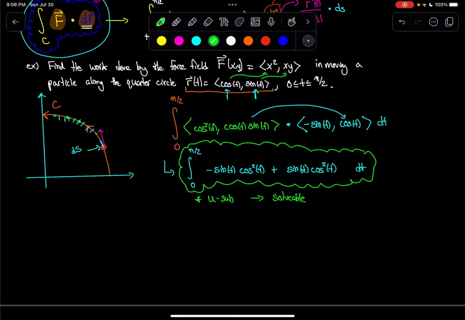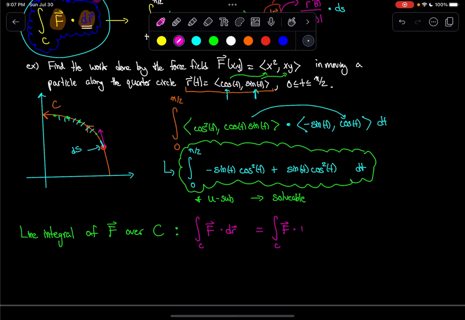So just to recap, it turns out that the line integral of a vector field f over some path c, that formula is as simple as, well, there's our vector field f dot in the direction of our path, and this thing was workable in the form f, and then we do the dot product of r prime of t dt.